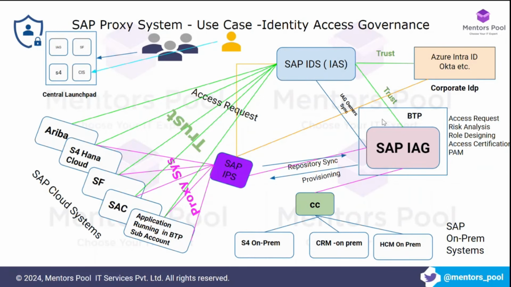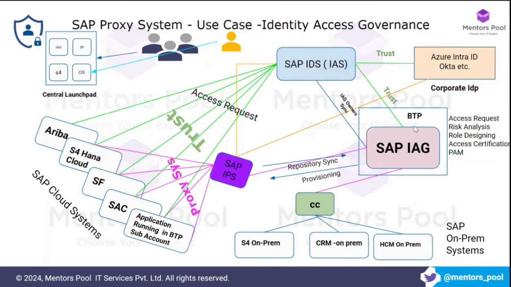IAG is a risk governance tool. It can provide access governance for a lot of cloud systems and a lot of on-premise systems. All the cloud systems can integrate with IAG using IPS. All the on-premise systems will be integrated with IAG using the cloud connector, which is there on-premise, and it will do the repository sync from this system.